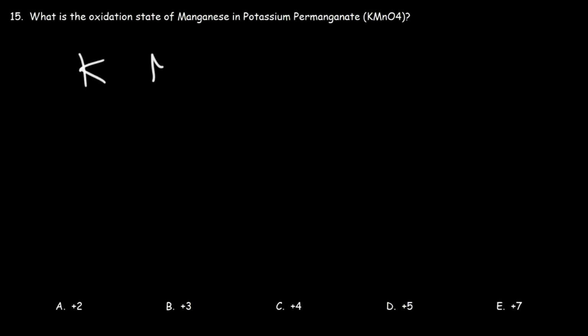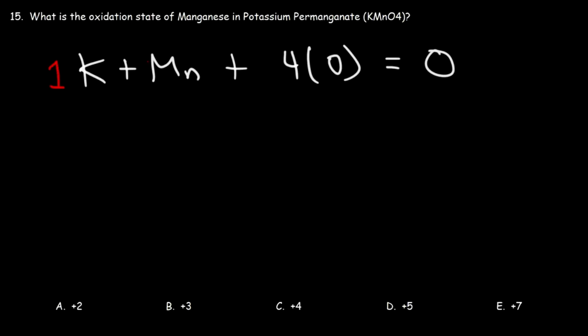The total charge or the net charge of a compound is 0. So what you want to do is write an equation. You want to list out all of the elements in the equation and set it equal to the net charge, which is 0. So we have 1 potassium atom, 1 manganese atom, and 4 oxygen atoms, and it equals a total charge of 0.